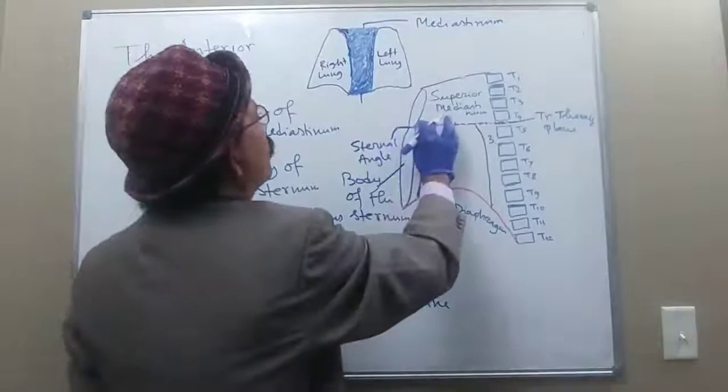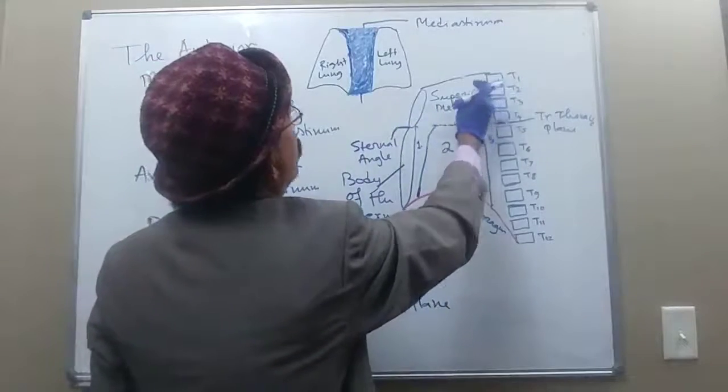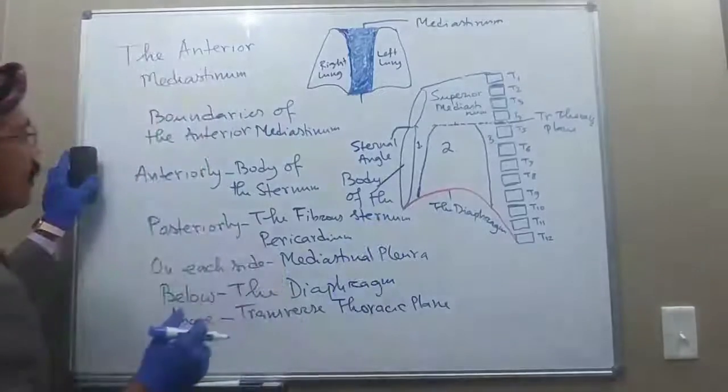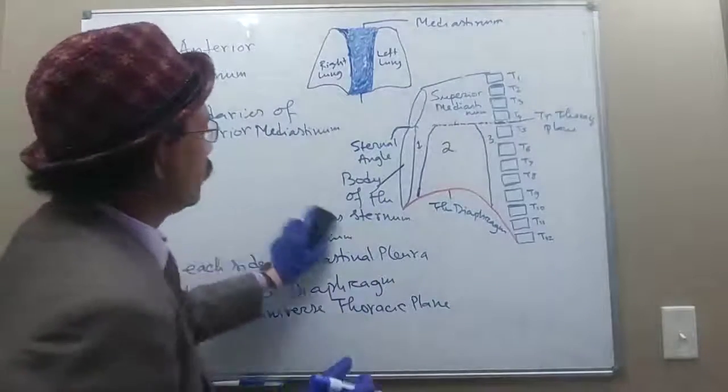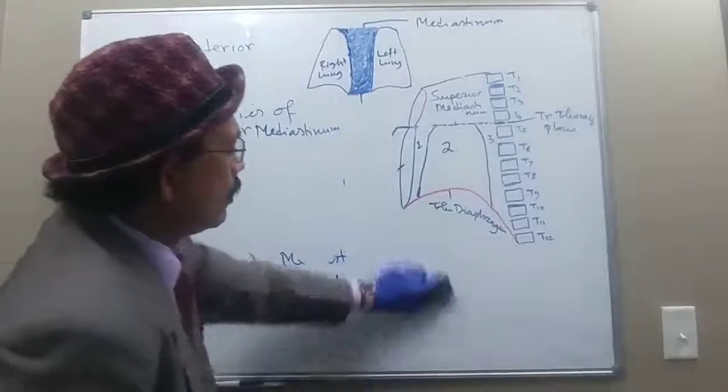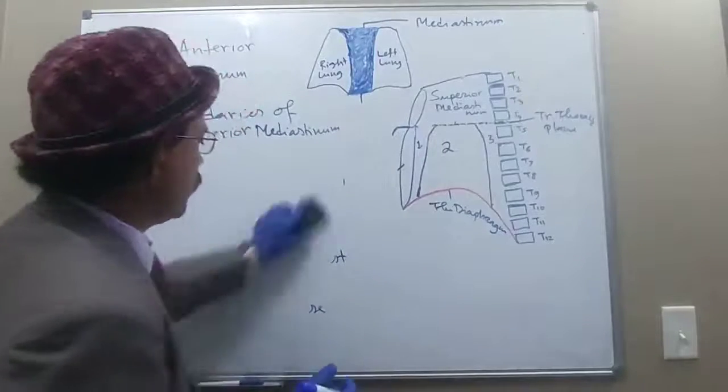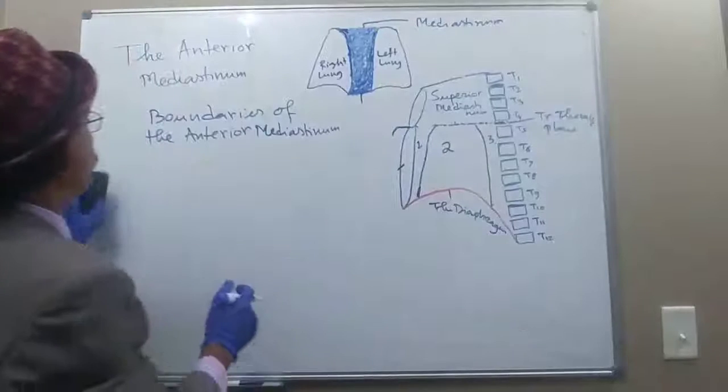Above, it is continuous with the pretracheal space of the superior mediastinum.